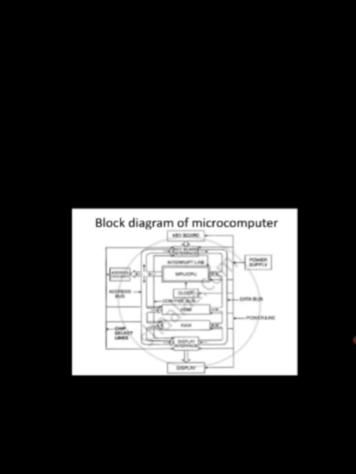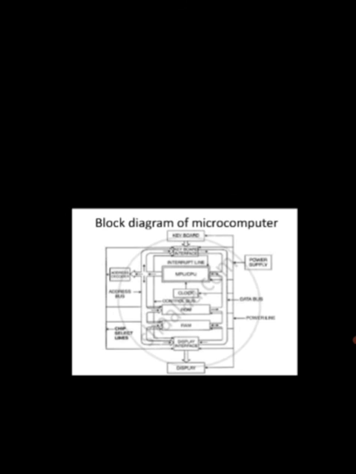The next is the address decoder. Here you can see that on the left hand side there is an address decoder. The address decoder has two main points: the clock is one, and the second is the power line.